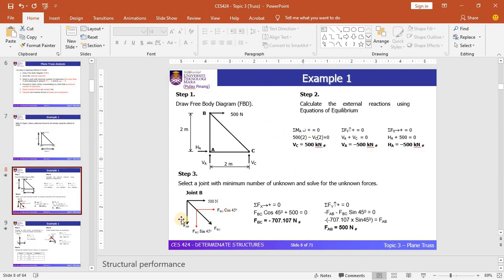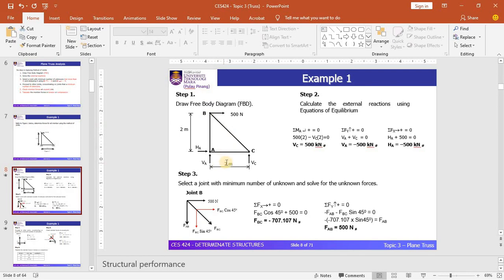Okay, and the third step, you need to choose a joint that has a maximum of 2 unknowns. By looking at this FBD, you can see that you may start from point B, because AB and BC are the unknown member forces that we are going to solve.